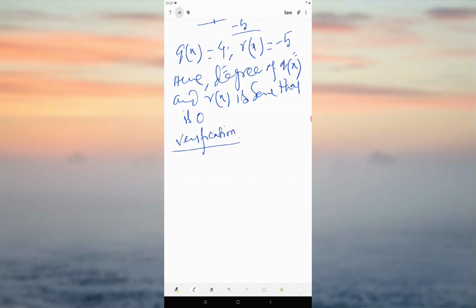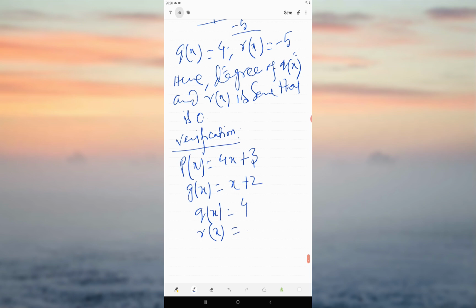Now the verification portion, let's do the algorithm verification. So what is our p(x)? We assume p(x) is 4x plus 3, and we assume g(x) as x plus 2, correct? And what we got: q(x) is 4, r(x) is minus 5.